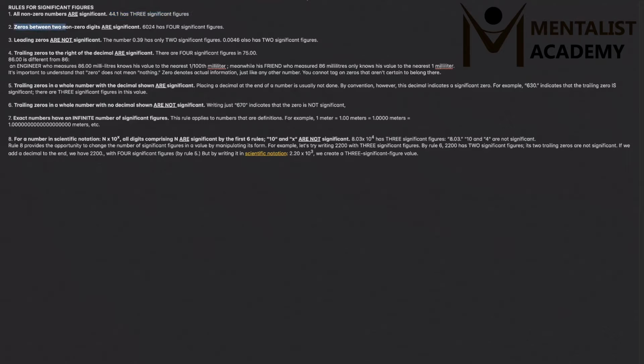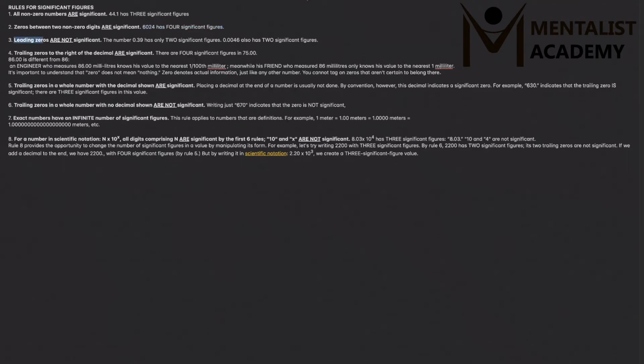Zeros between 2 non-zero digits are significant. For example, in this number, 0 is between 6 and 2, so therefore this 0 will be a significant figure. So therefore this number 6024 will have 4 significant figures.